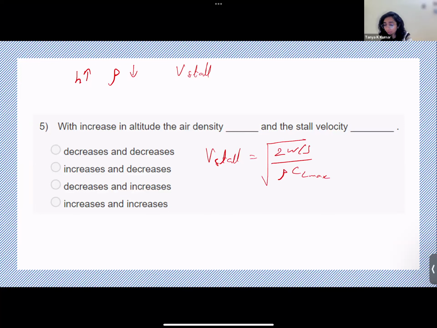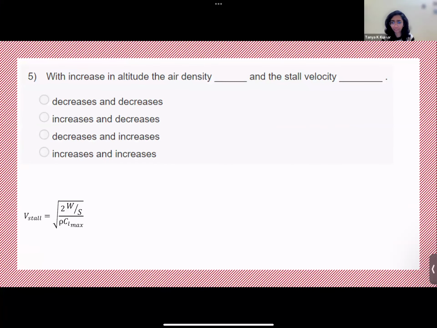Okay, so now what happens? From this equation, you can directly see that when the altitude increases, density decreases, and so the V stall increases. Exactly. So density decreases and V stall increases. That is the right option. Yeah, so this was the formula for V stall, which you have rightly said. Let's go to the next question.